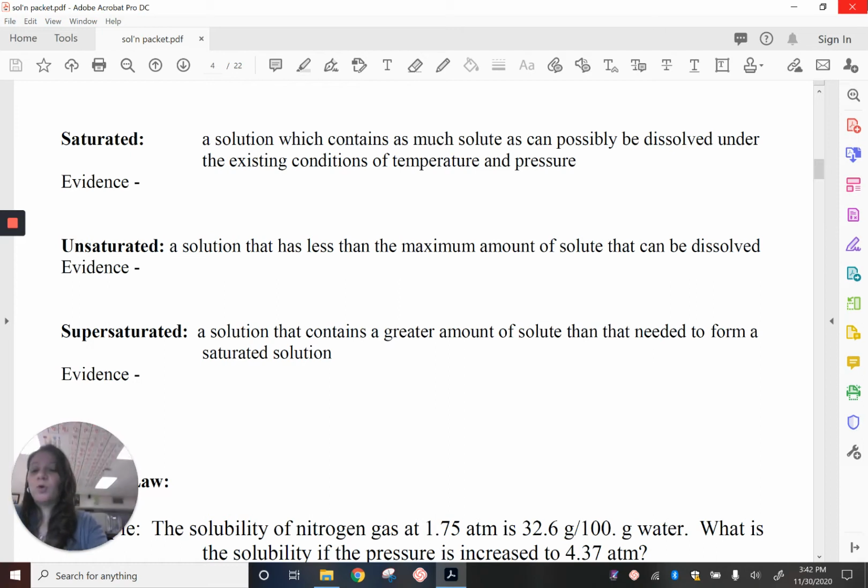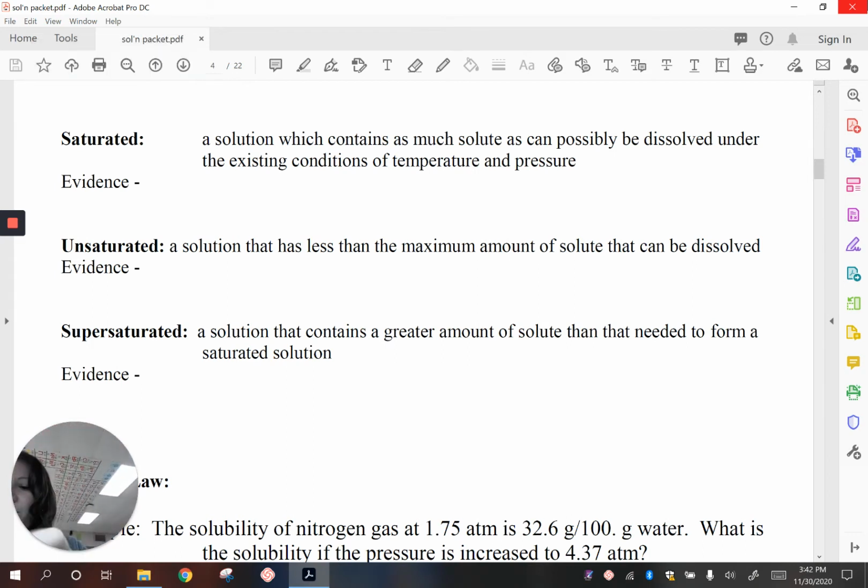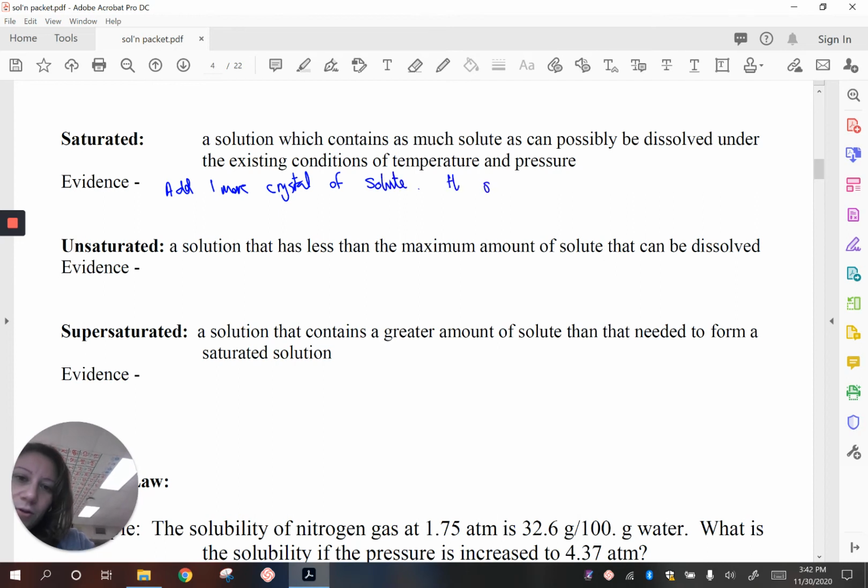When you add one more crystal to a saturated solution, it just precipitates to the bottom and doesn't dissolve. So add one more crystal of solute, and it should sink to the bottom and not dissolve.